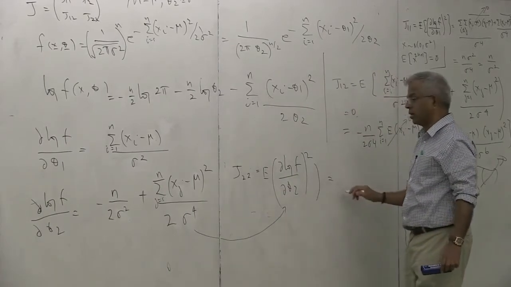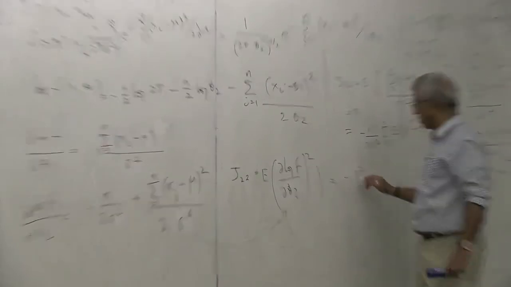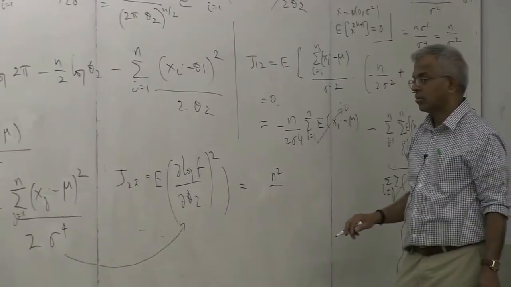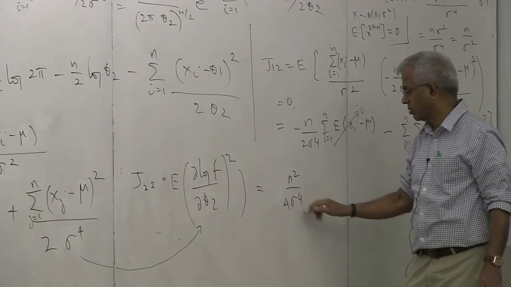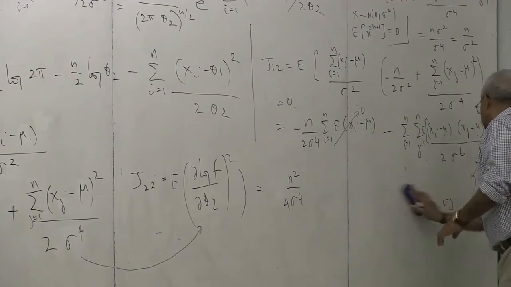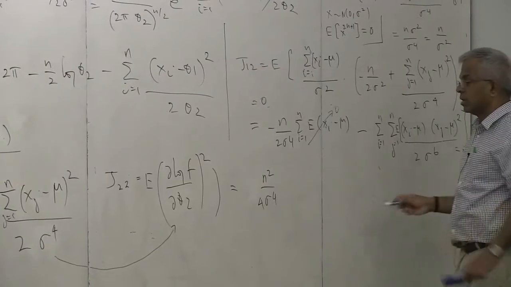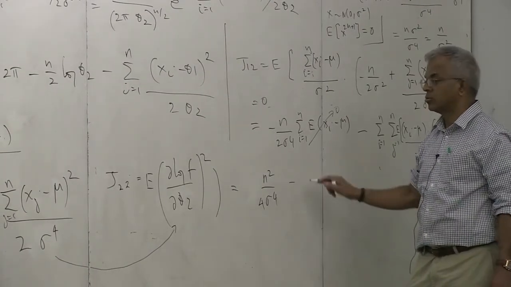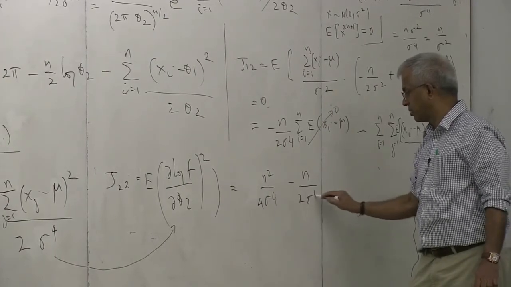So I'm going to write it in one line. It's minus n squared, so the square of the first term, n squared over 4 sigma to the 4. And then, so the whole thing is 0. And then minus 2 cancels, n over 2 sigma to the 4 is the constant, right?